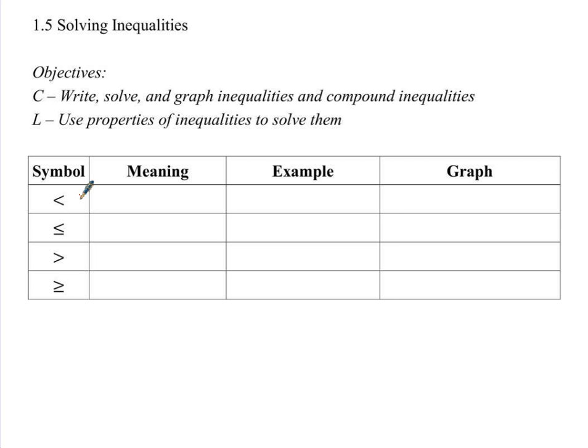What is that symbol? It means less than. So an example of that would be like 4 is less than 6, right? Make sure you're reading that correctly. We need to get beyond the elementary or middle school trick, the alligator eats the larger thing.